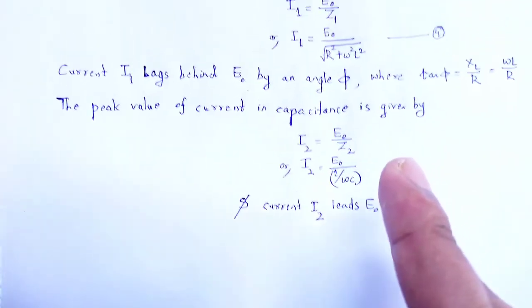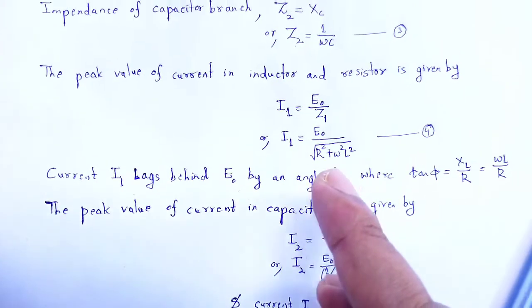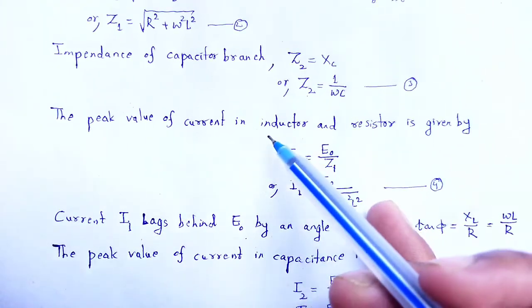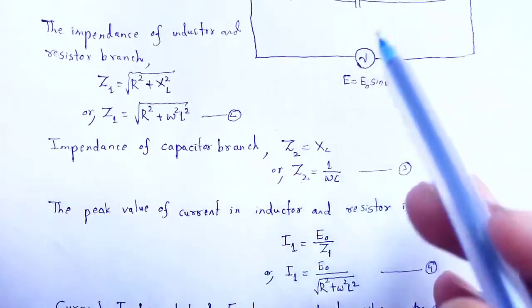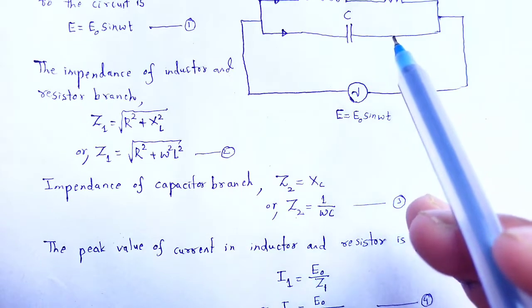So, I1 and I2 are the peak values of currents, I1 for the inductor and resistor circuit and I2 for the capacitor circuit.